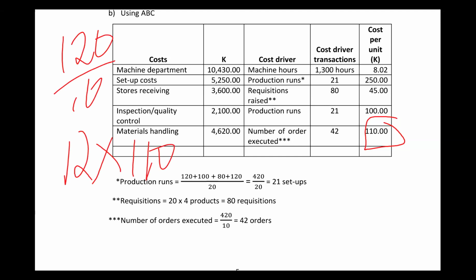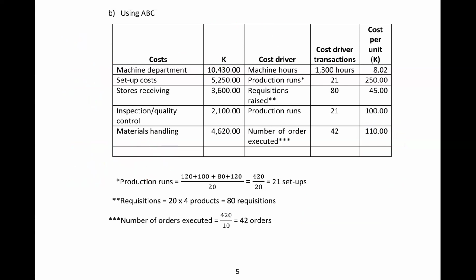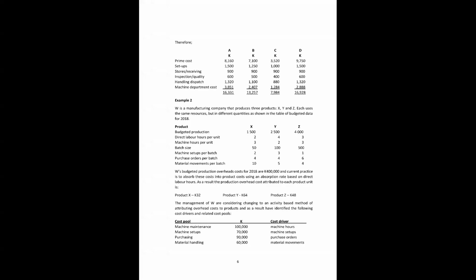For B as well, you take the units produced, 100 divided by 10, giving us 10, times the same 110, which is the cost per order. For C, we had 80 units produced divided by 10, that's 8 times 110. So once you do all these calculations, it will give us all these values that you're seeing here.